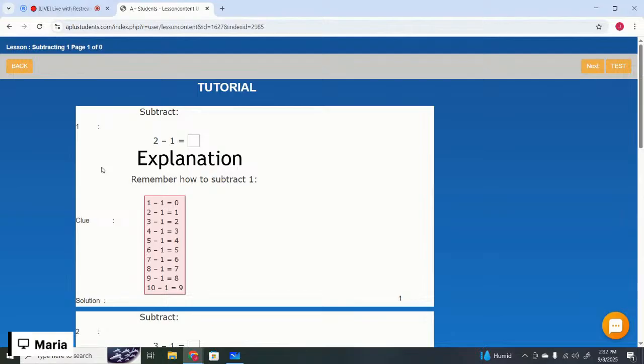So 2 minus 1 equals 1. 2 take away 1 is 1. You just have to go back by one digit.